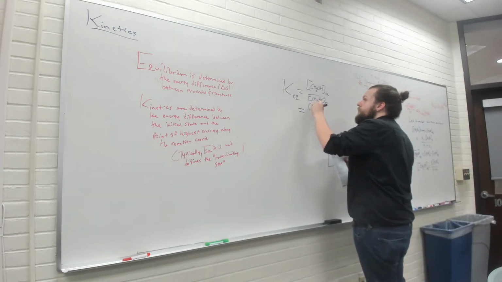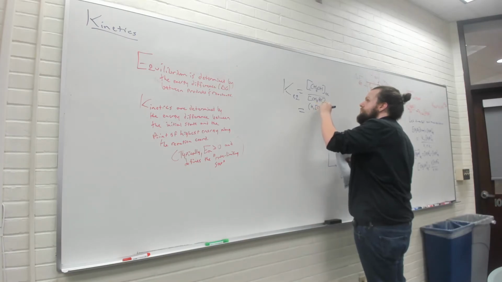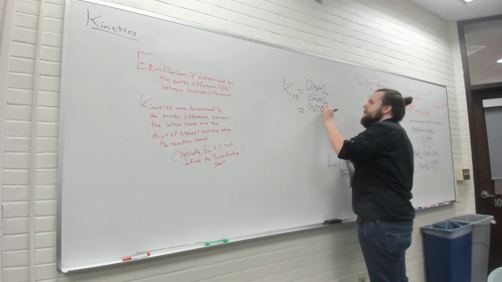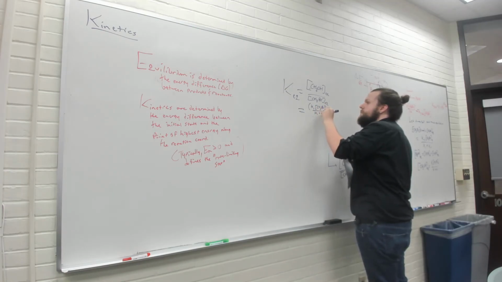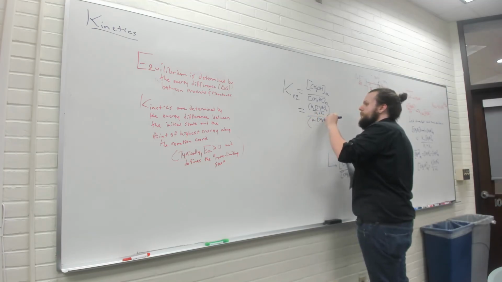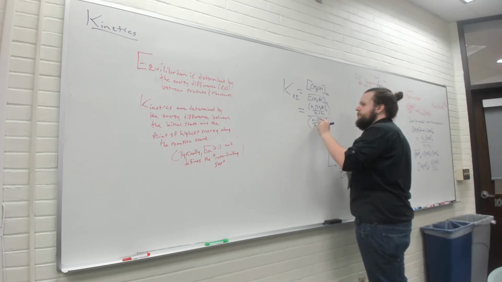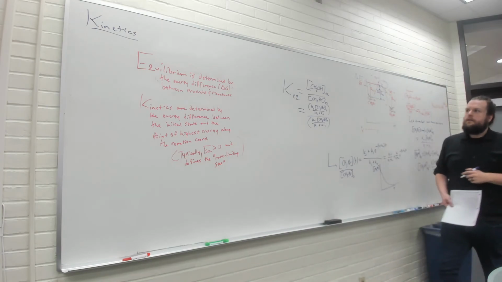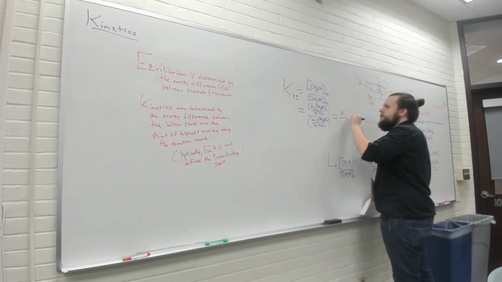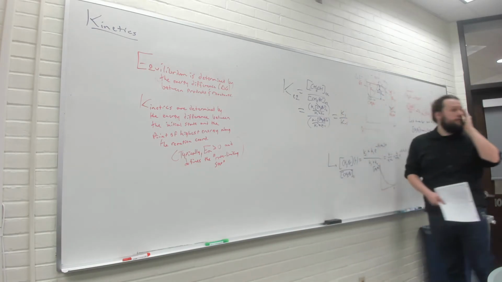We have K1 times the initial concentration of CH3Br divided by the sum of the rates, divided by the reverse rate times the initial concentration of bromide divided by the sum of the rates. Look how all these things cancel out. This goes away, this goes away, this goes away, this goes away. And you're left with the ratio of the forward rate to the reverse rate.